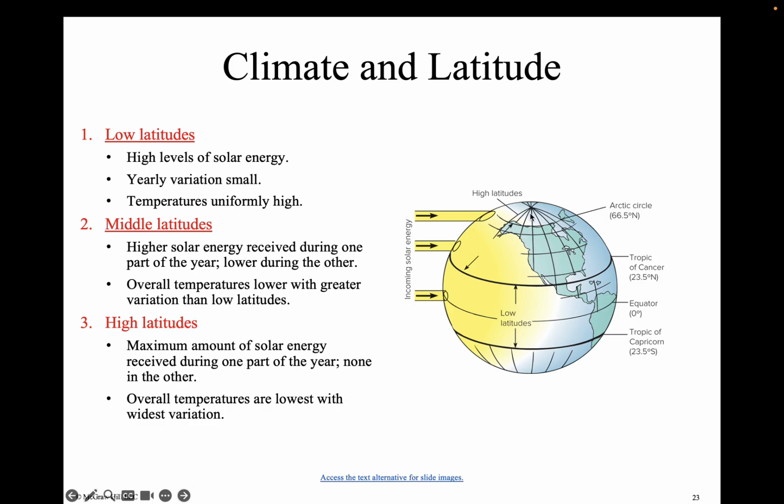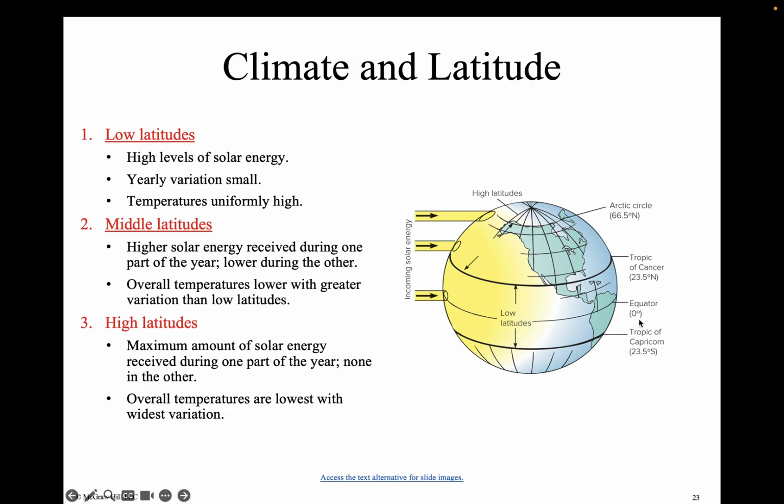Here you definitely have one period of the year where you receive a lot of solar energy, and it's day for almost 24 hours, if not 24 hours, depending on the latitude. And then there are times of the year that you only see night, so you receive a lesser amount of energy.